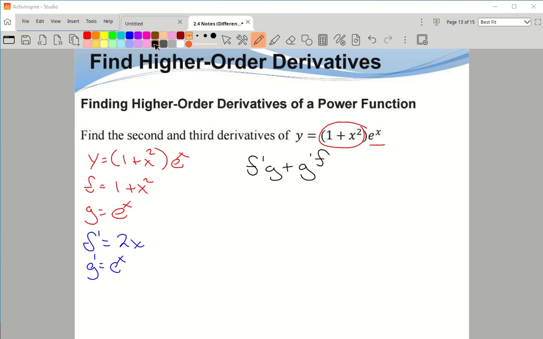Because to remember these, it's going to make your life a whole lot easier. So let's go ahead and do this. So it's f prime, so that's 2x times g, which is e to the x, plus g prime, which is e to the x, times f, which is 1 plus x squared.